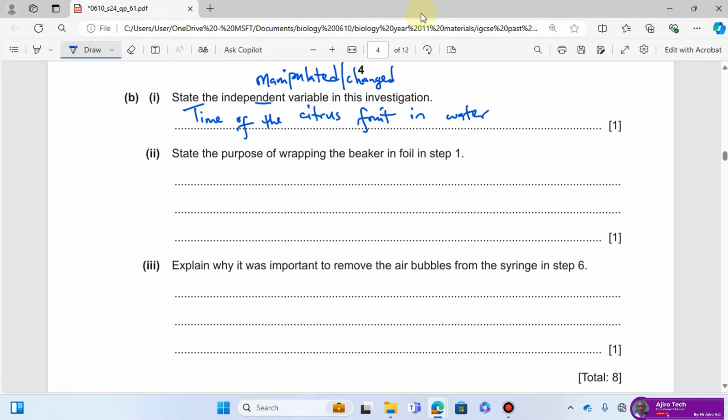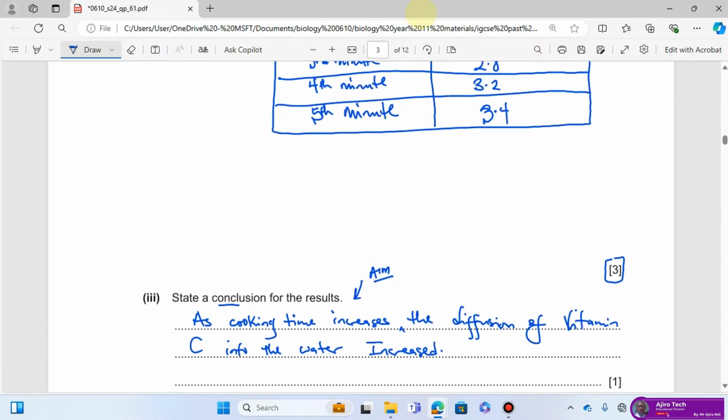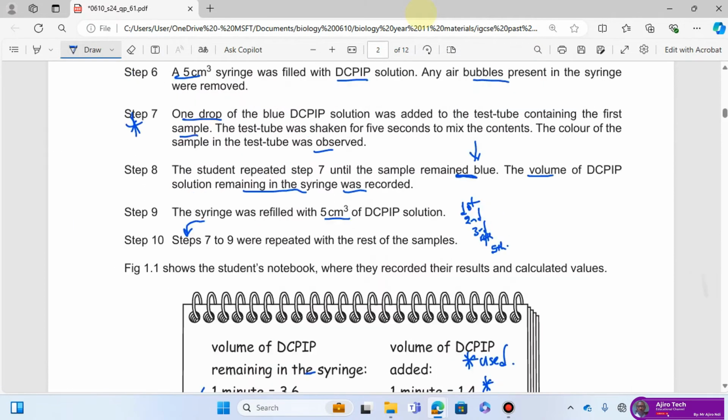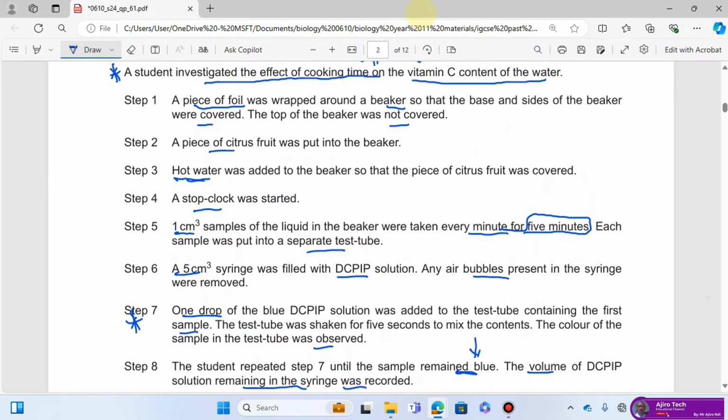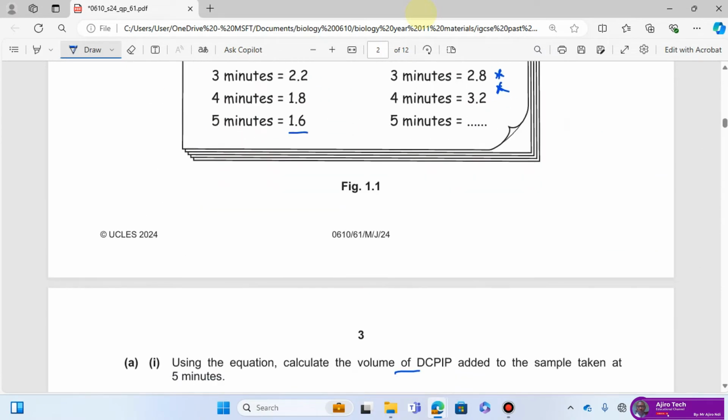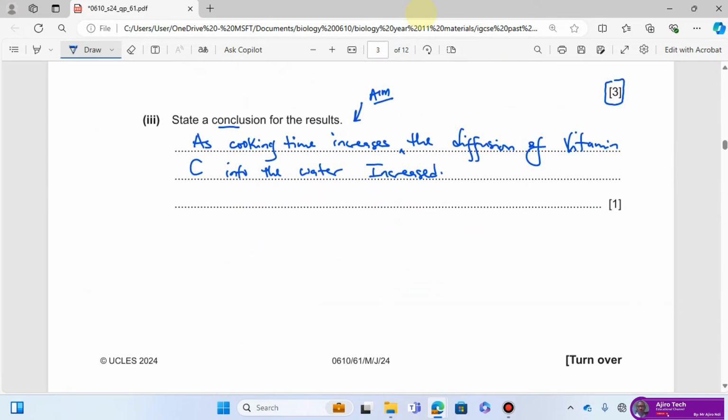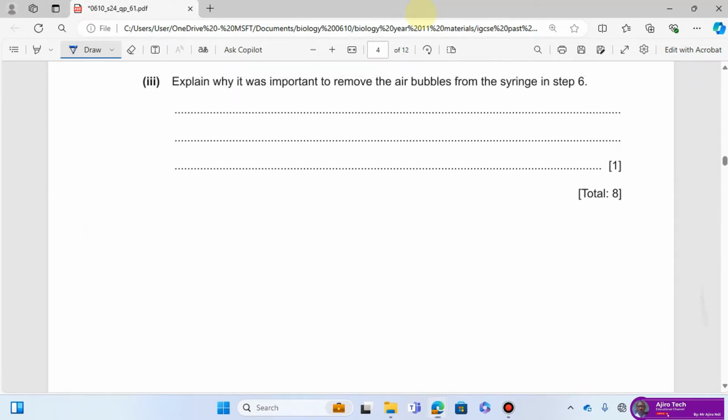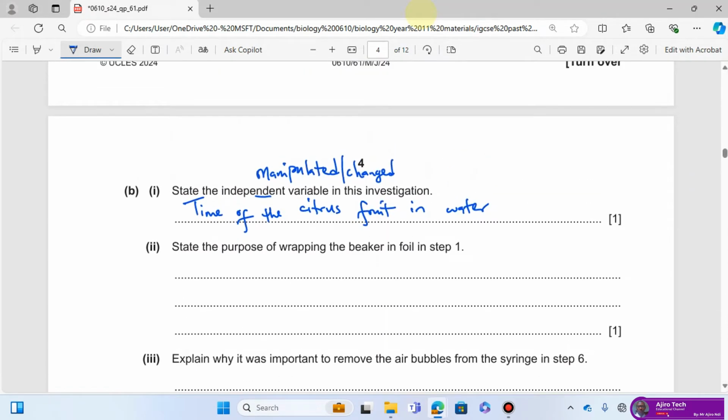Now state the purpose of wrapping the beaker in foil in step one. Why did we wrap the beaker in foil? Because we are dealing with temperature and diffusion, we know temperature is a factor that affects the rate of diffusion. So we have to maintain the temperature to keep the water as hot as possible.